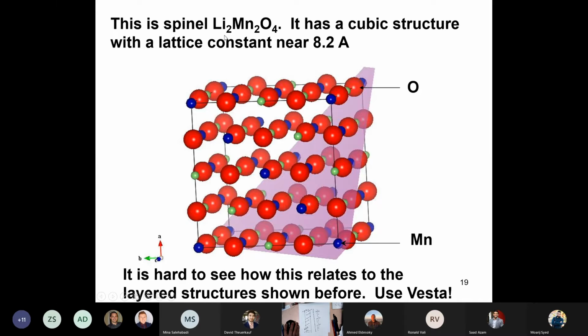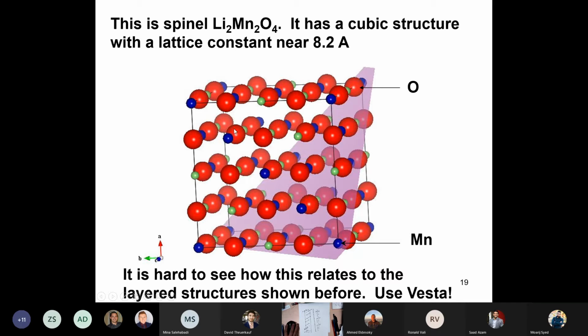So if you take LMO and add further lithium to it, you get this structure, Li2Mn2O4. And it's a cubic unit cell outlined by these lines. It's a cubic box of lattice constant 8.2 angstroms. And the atoms within this box are shown. Oxygen is red, manganese is blue, and lithium is green.